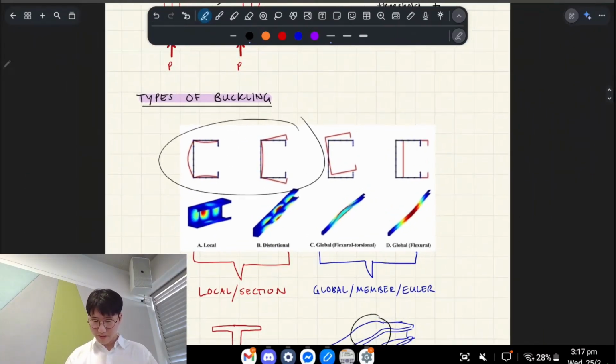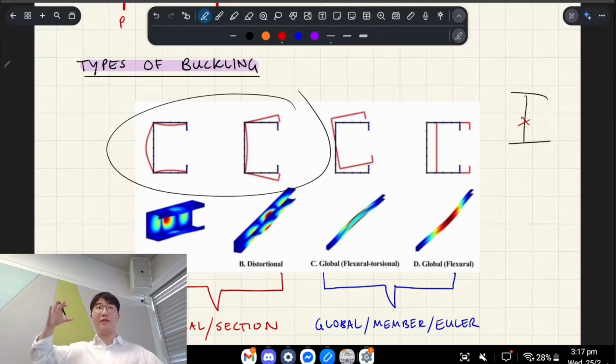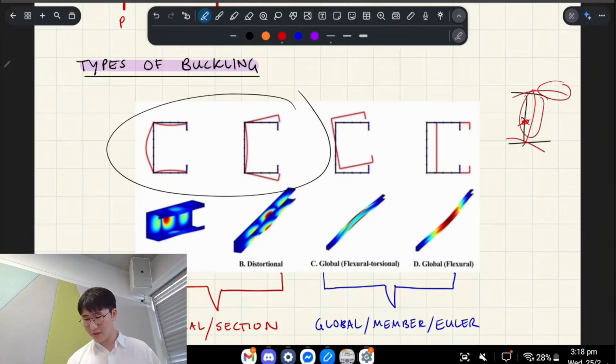But basically, let's say you have an I beam, or sorry, I column, and then into this section, you get that compression force. Imagine there's a force being applied on this section. What you'll start to see is that it's going to start buckling like that. So it might buckle at the flange, or it might buckle at the web. And there's different formulas to calculate it. You'll see later. But that's local buckling.